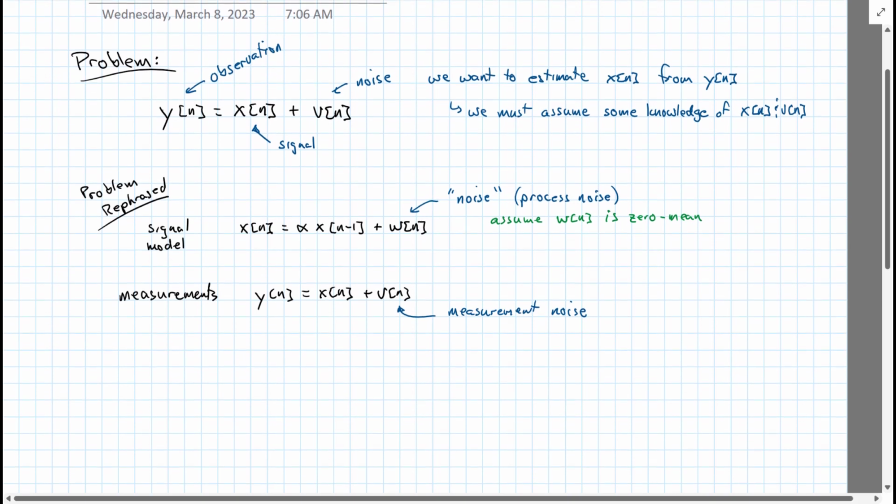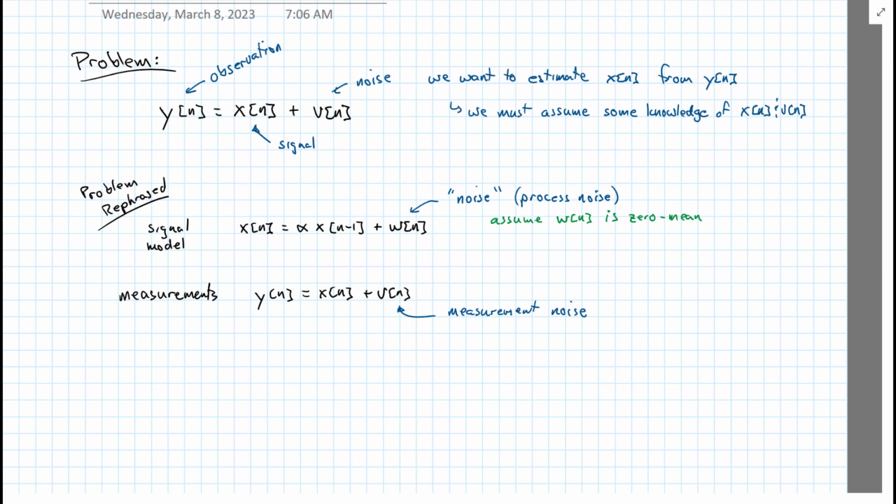With this type of knowledge, we could do perhaps a little bit more. For example, if lambda was some number close to 1, we could assume that values of y of n are going to be very closely related to each other.